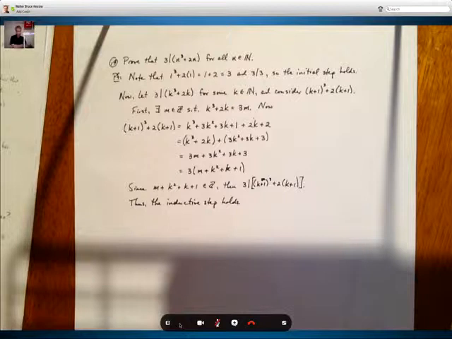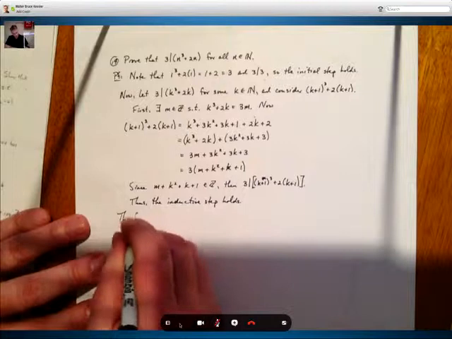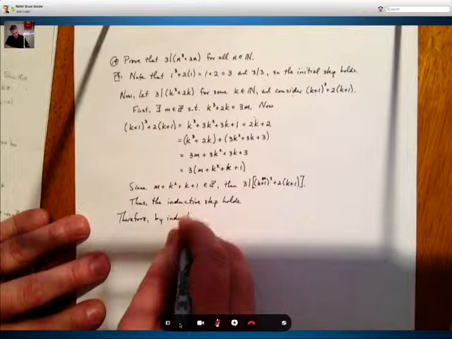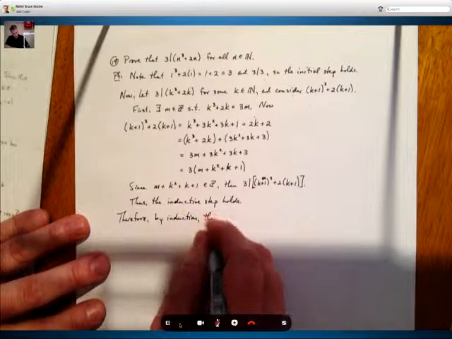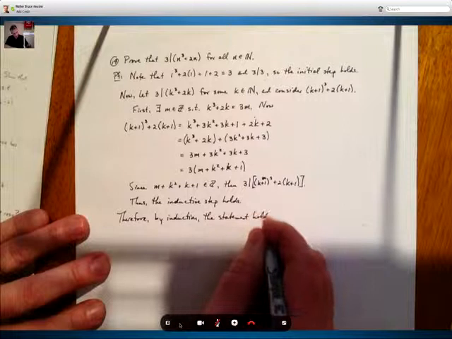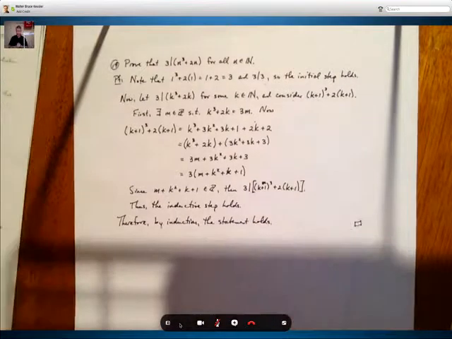Meaning that for any k I do this at, I've now shown I can do it for the next number. So I go back to my 1, and that works for 2, 2 works for 3, it works for then 4, then that works for 5, and so on. That's the way induction works. So therefore, by induction, the statement holds.